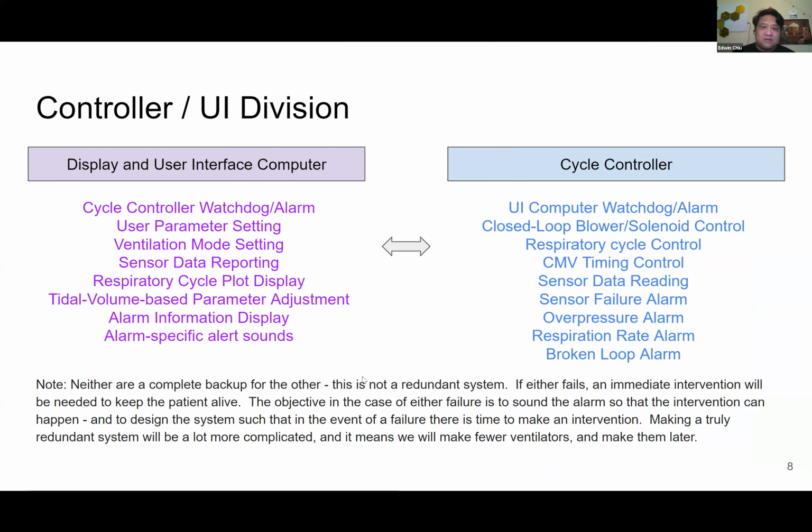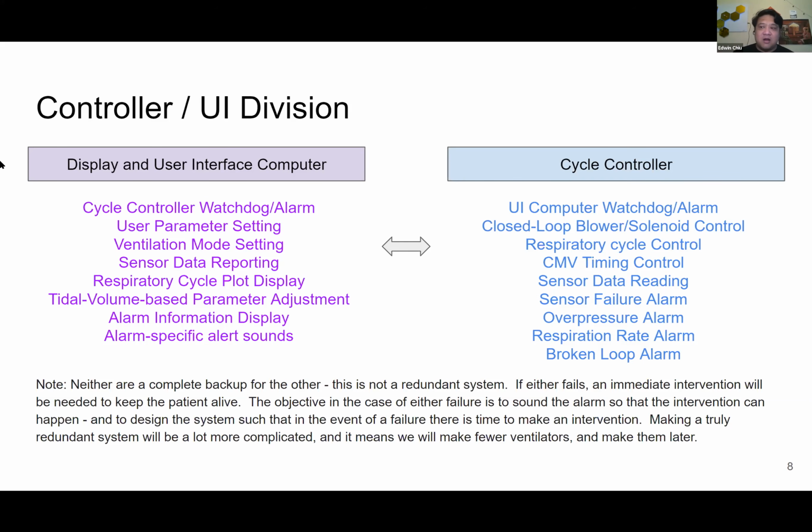The concept behind splitting these up is that we want one computer to operate in a very predictable manner, going through a cycle in a very deterministic time, every 1/50th or every 1/100th of a second, doing a very specific number of things, which means also that it can't be too complicated.